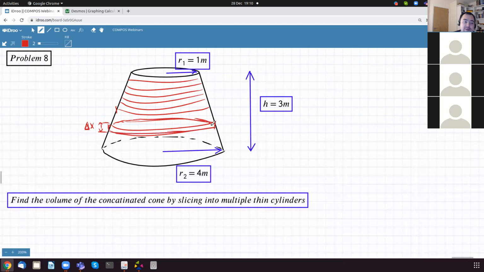So the radius. If we knew the radius at this point, we could find the volume. So the volume is the area times delta x, and area is pi r squared delta x, where r is the radius at this particular location.